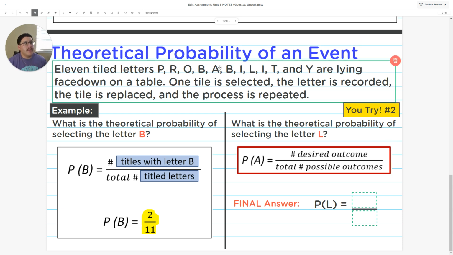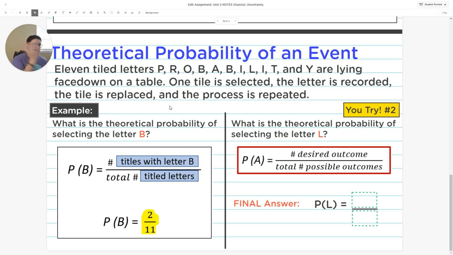So, theoretical probability of an event: 11 tiles lettered PROBABILITY are lying face down on a table. One tile is selected, the letter is recorded, the tile is replaced, and then the process is repeated. Meaning you have a bag of letters, you pick one, you write it down, and then you put it back in the bag and perform the experiment again.